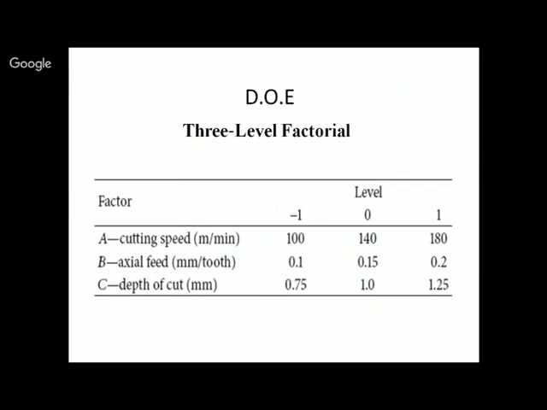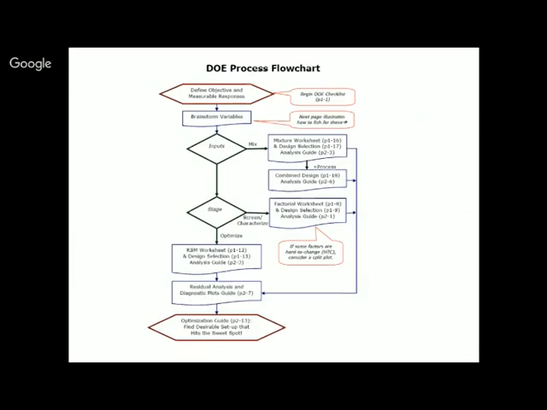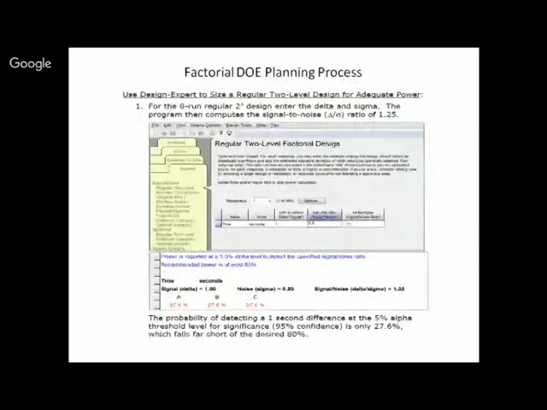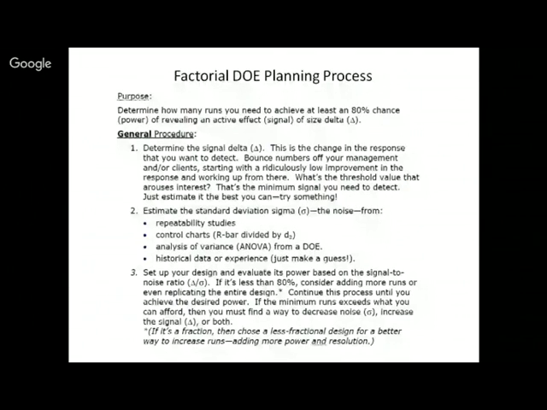And in case of 3 levels, the experimental work will be given by 3 raised to the power n, and you have to find out more accurate results by giving the 3 level factorial.